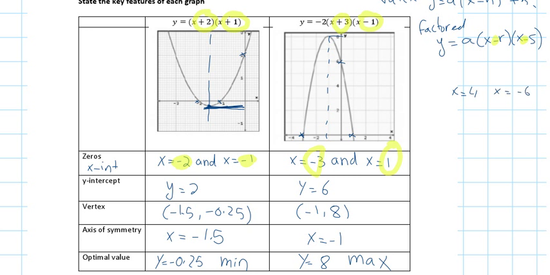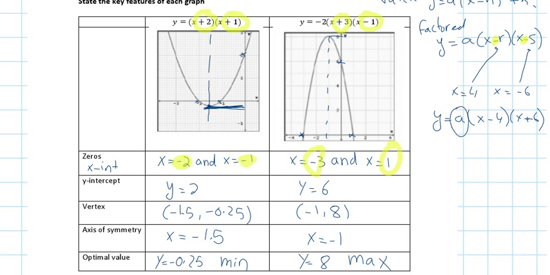I can literally just plug them in: (x minus 4)(x plus 6). If I know my zeros, all I have to do is replace the letters r and s with my zeros. Now I need to do one more step to solve for a, but that will be a later lesson.